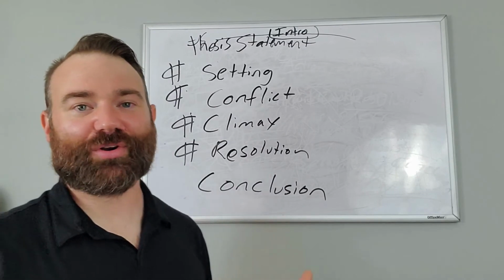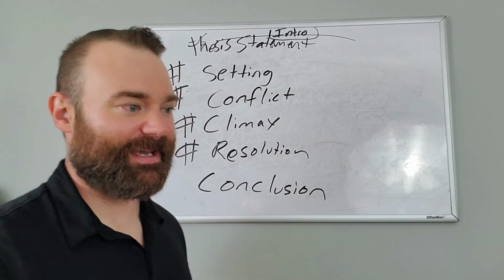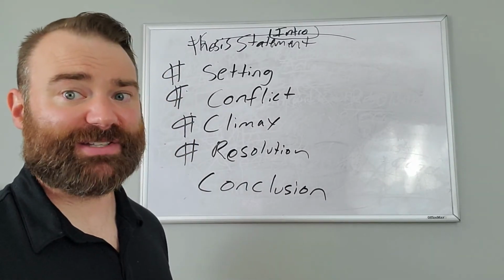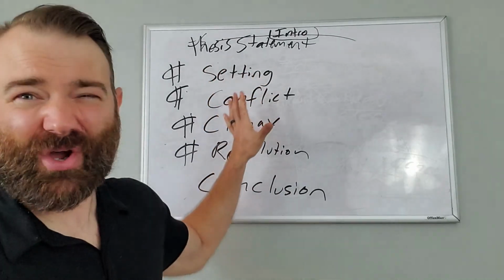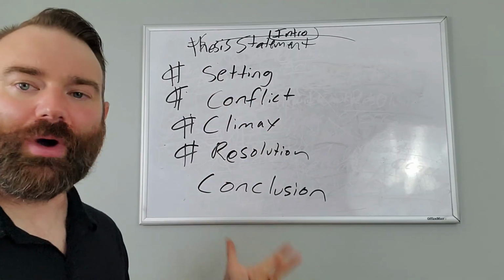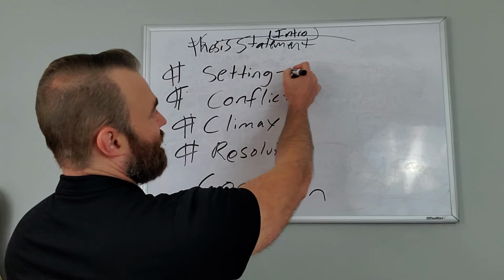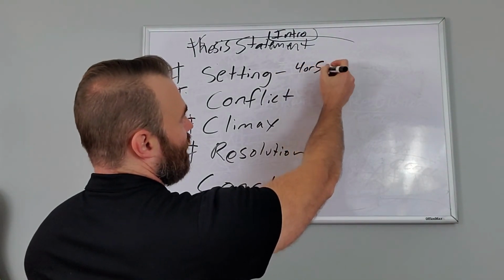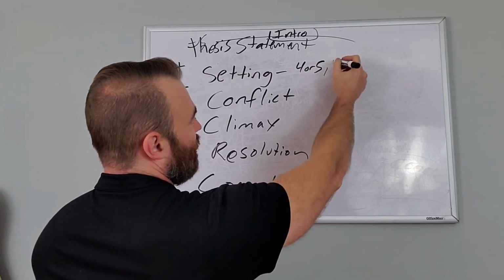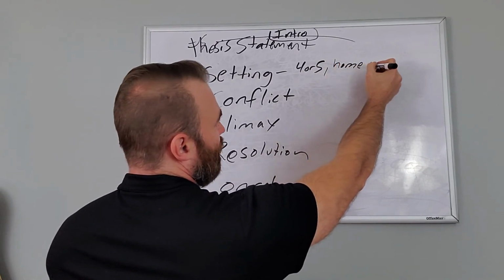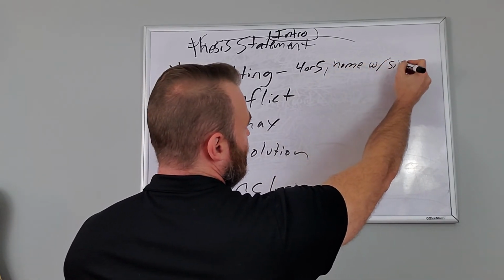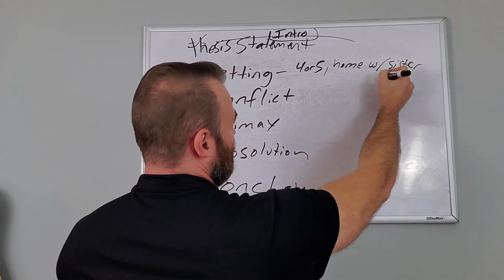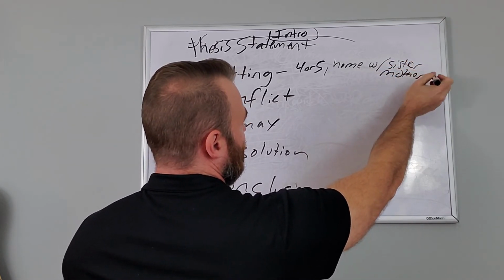Now, in order for you to have an outline for this essay, all you need to do is have just a few words or have an idea of what happens. So the setting, I'm going to say I was 4 or 5. I don't remember. 4 or 5 years old. I was home with my sister and my mother. Okay?